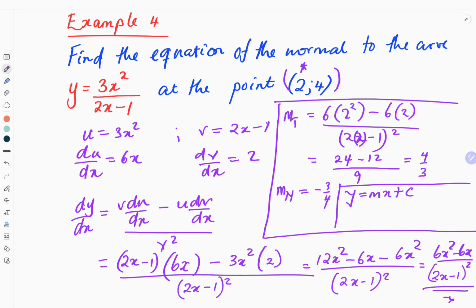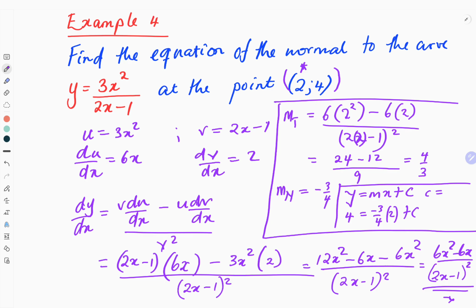So we substitute the coordinates, so 4 is equal to negative 3 over 4, multiplied by 2, plus c. Then we get our c value. So c is equal to 4 minus 3 over 2.